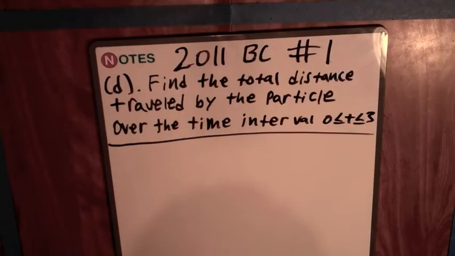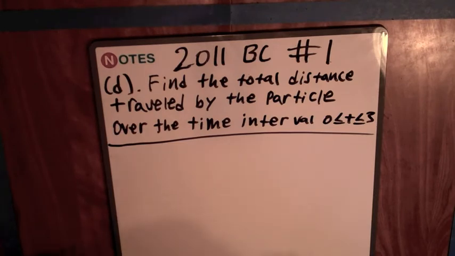Part D. Find the total distance traveled by the particle over the time interval 0 less than or equal to t less than or equal to 3. So, very simple problem, just finding distance with vectors.